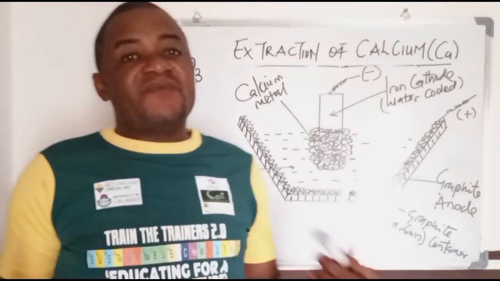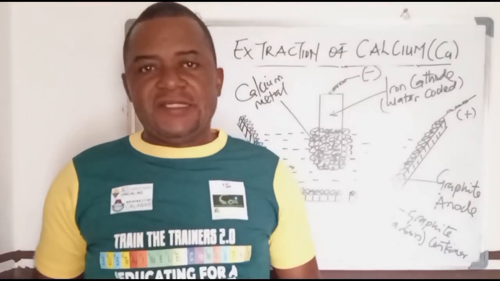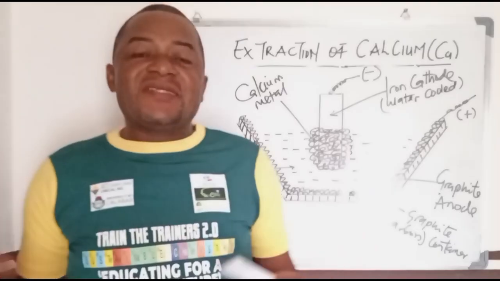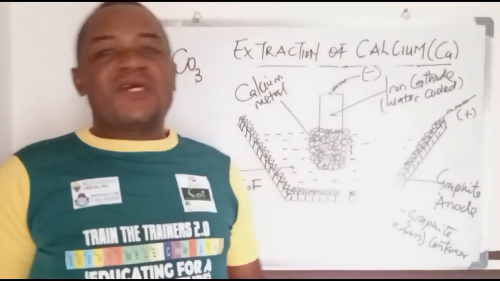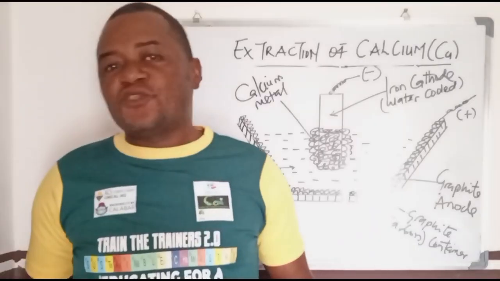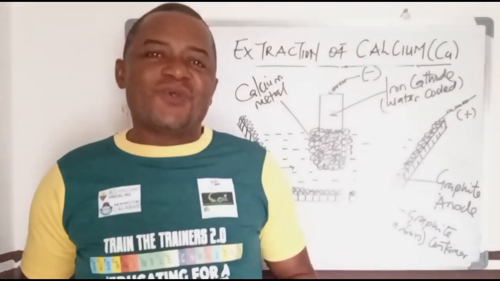You can find it also as marble, or even chalk, as the case may be. So these are the various forms in which you can find calcium existing. You can also find calcium existing as calcium sulfate or even as a solution in salt water.